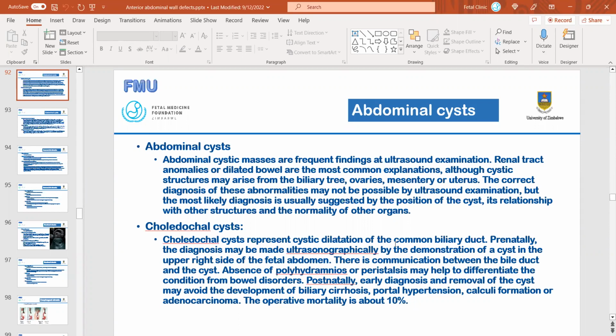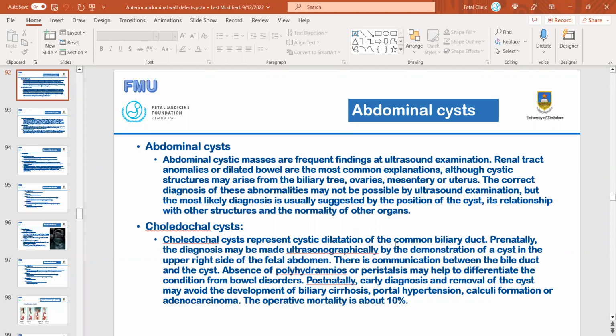For example, if you see a cyst on the liver, there's no way you are going to say it's more likely an ovarian cyst. It's highly likely to be a biliary tract cyst if it is in the position of the liver. But the problem will come if you don't know where the liver is. That means you may potentially label a cyst which is ovarian in origin like a liver.